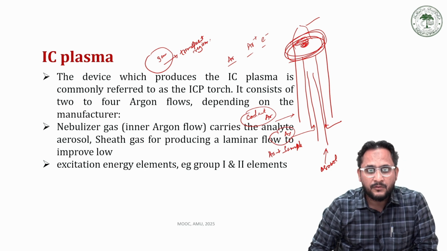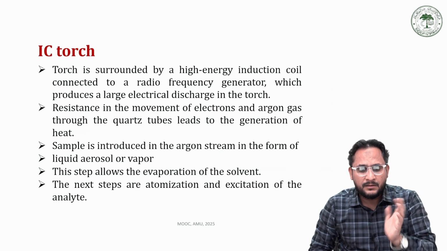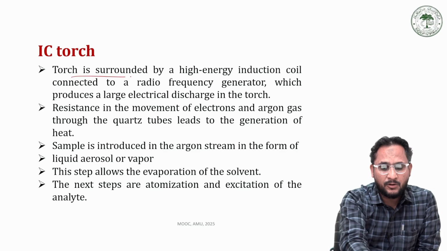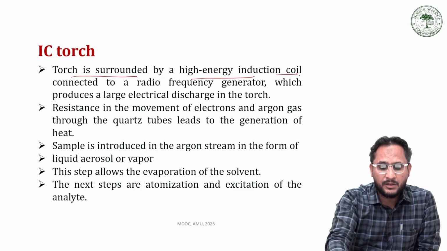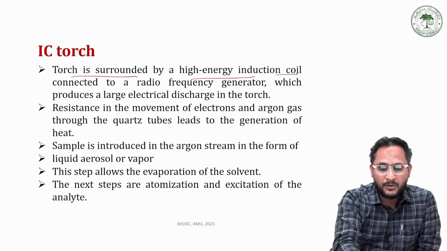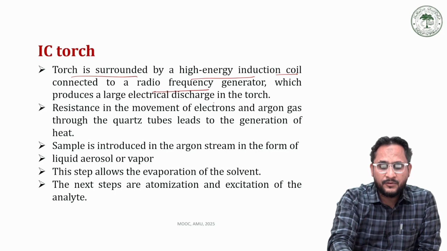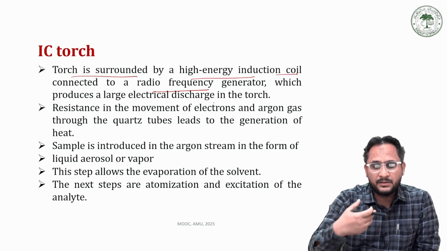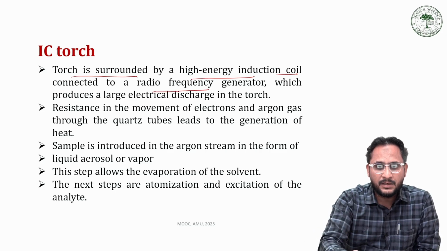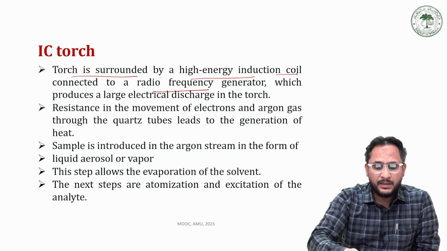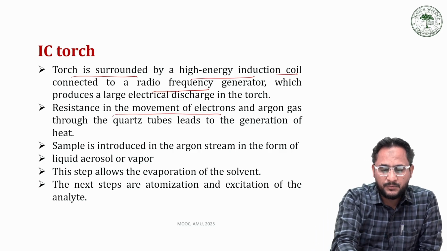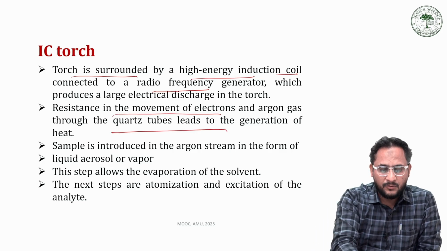Let us move forward. So again, it is written which I have already explained: the torch surrounded by high energy induction coil through copper coils, and radio frequency is passed, which creates eddy currents, which causes excessive heat, ultimately converting argon gas into a plasma. And everything is being done in a concentric quartz tube.